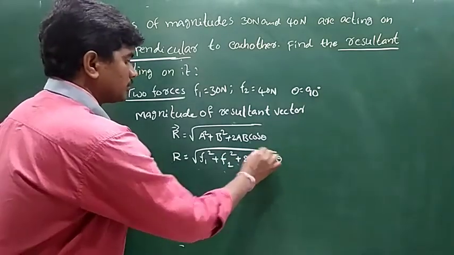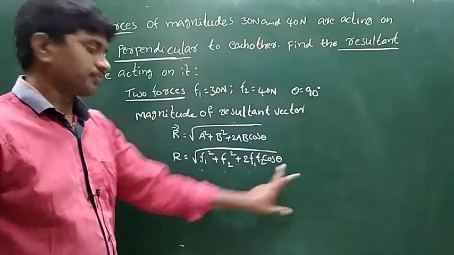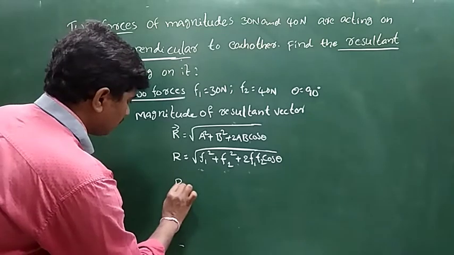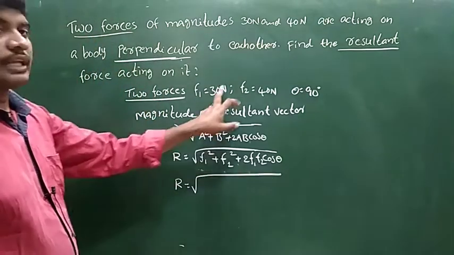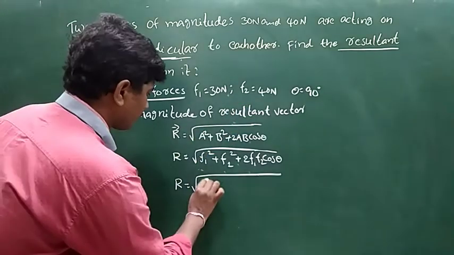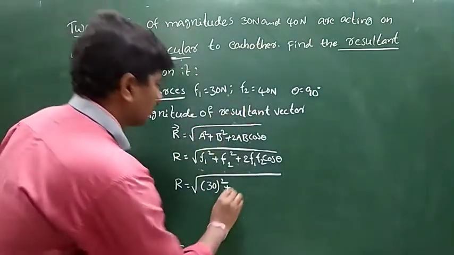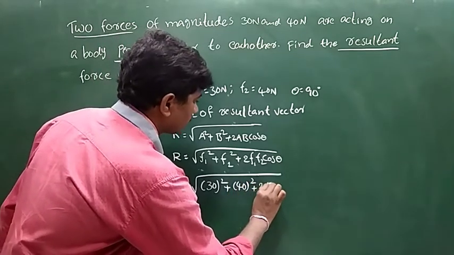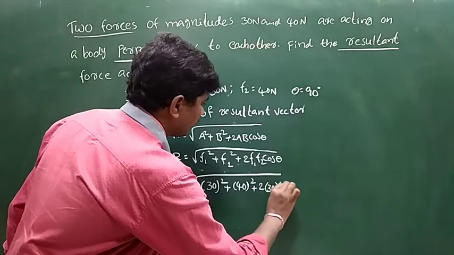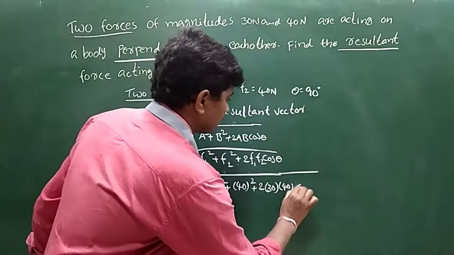Now substitute the F1 value, F2 value and theta value. R equals the square root of F1 squared, which is 30 squared, plus F2 squared, which is 40 squared, plus 2 into 30 into 40 into cos 90 degrees.